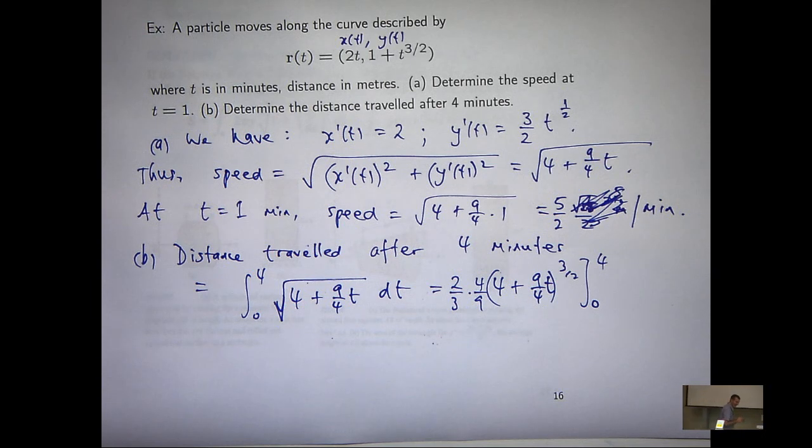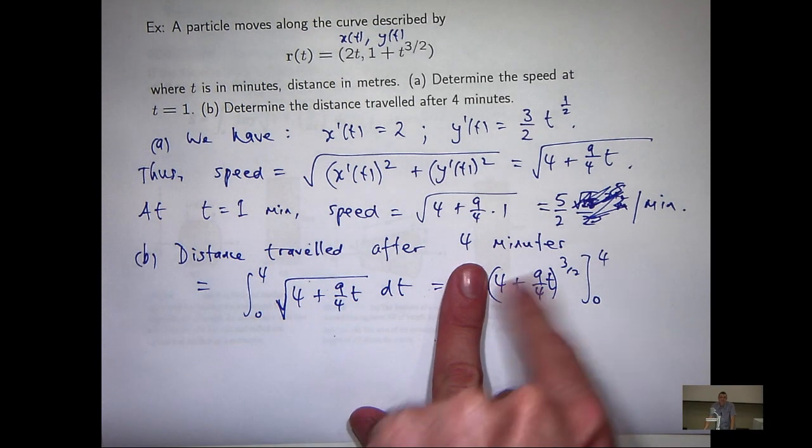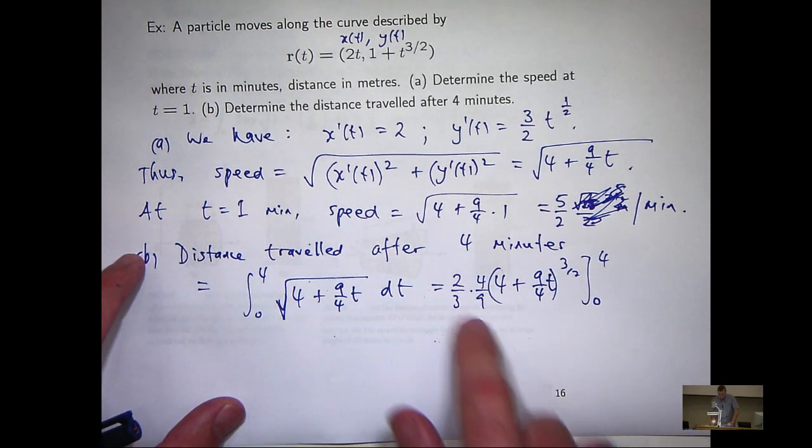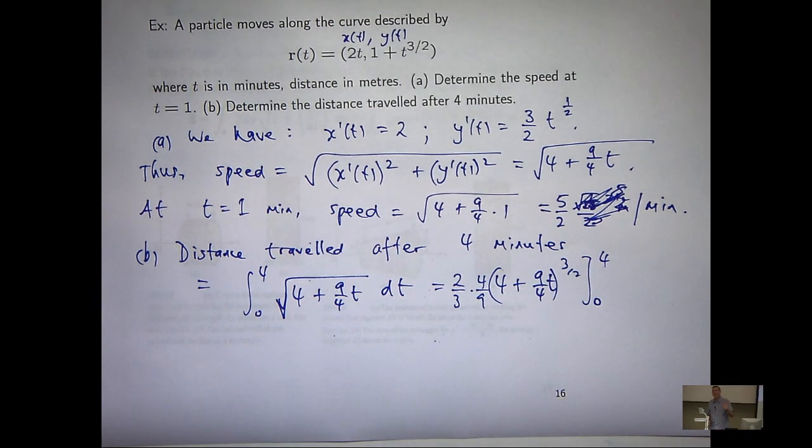Well, where's my working out? I haven't done anything, right? So you should be able to do it by inspection. Basically, you know that it's going to look something like this, and then you just have to multiply by an appropriate constant. That's how I do it anyway.